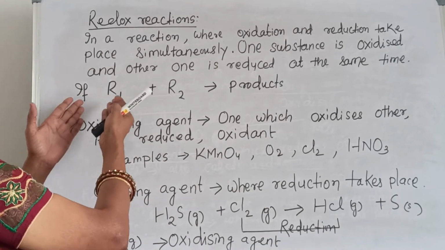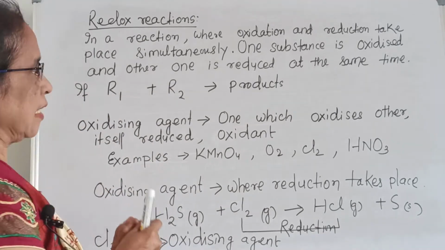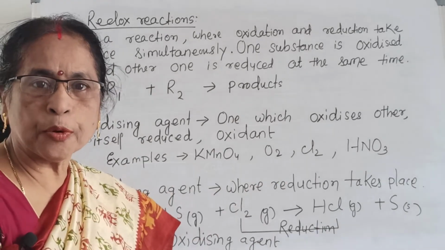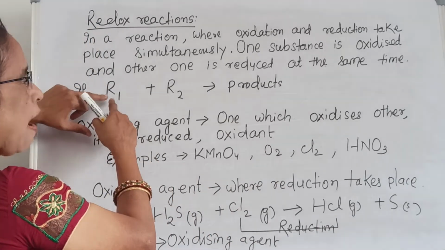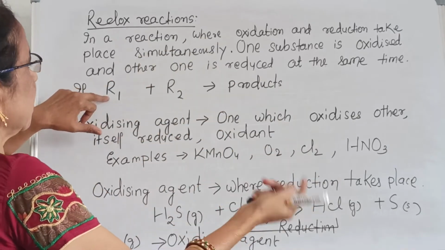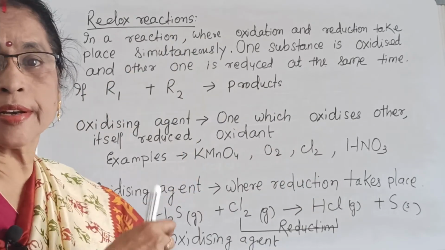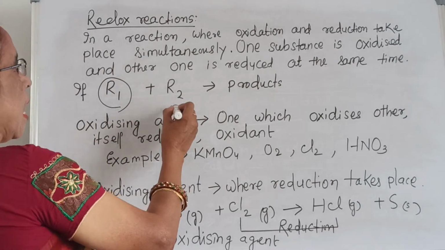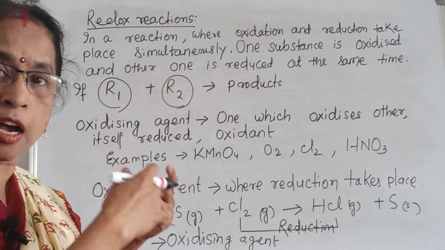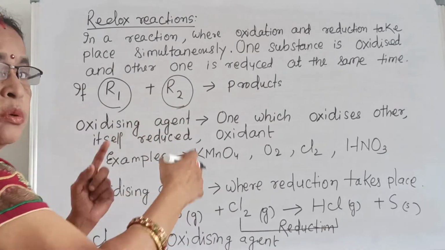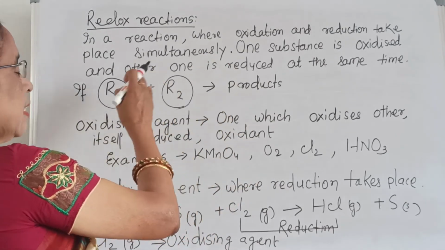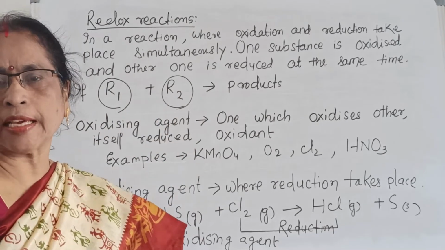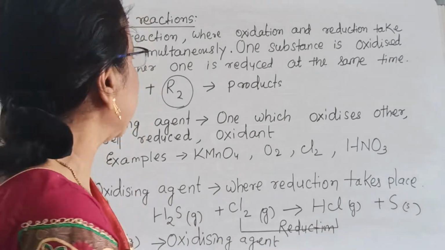Suppose R1 and R2 are both reactants, and I say it is a redox reaction, then how can I prove it? If R1 is oxidized, then R2 should be reduced. If R2 is oxidized, then R1 should be reduced. That means one should be oxidized and the other reduced.